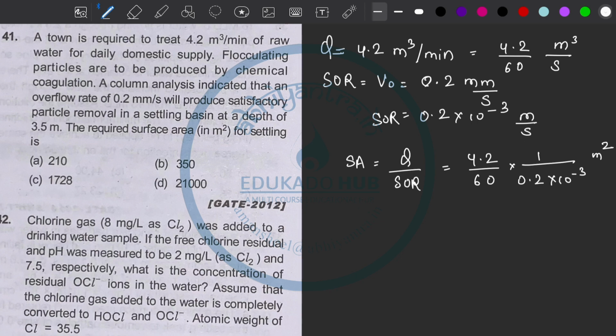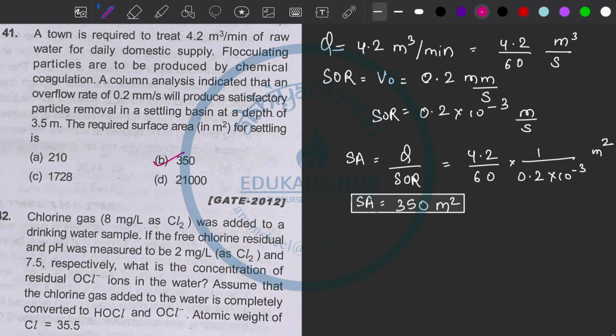So if I calculate it down, 4.2 divided by 60 divided by 0.2 into 10 to the power minus 3, the answer comes out to be 350. The value of surface area is equal to 350 meters square. Correct option is option B.